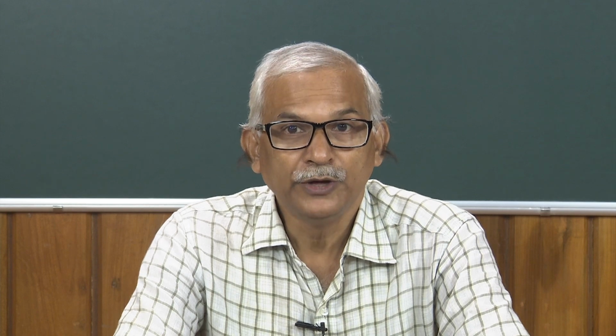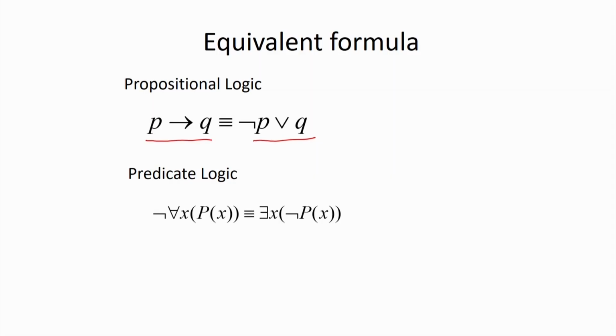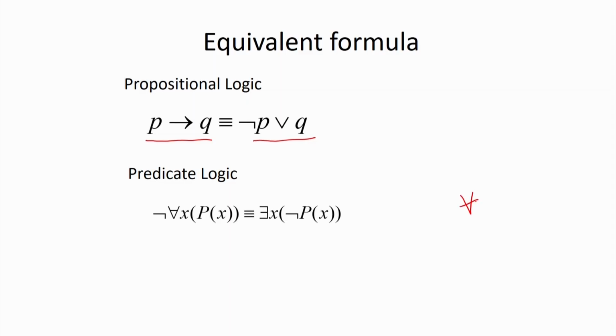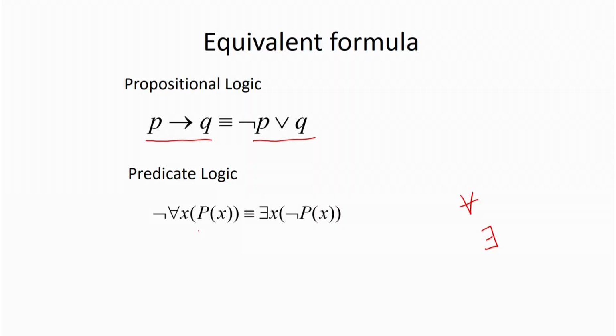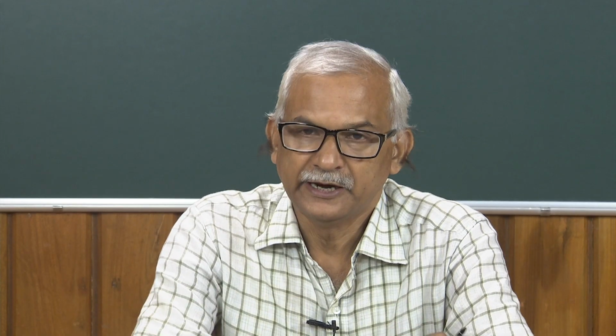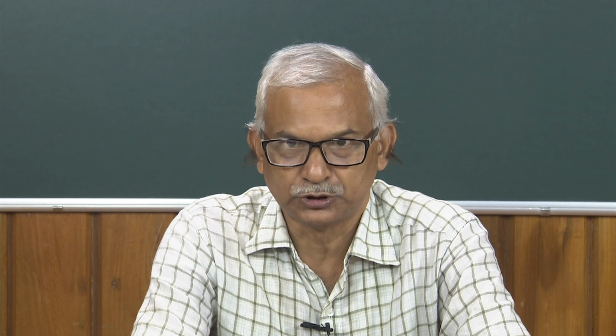Now, in predicate logic, apart from those logical connectives, we have two quantifiers, one known as for all and the other there exists. For all x means that for all possible values of x, the predicate P(x) is true. And there exists some x for which the given predicate P(x) is true.